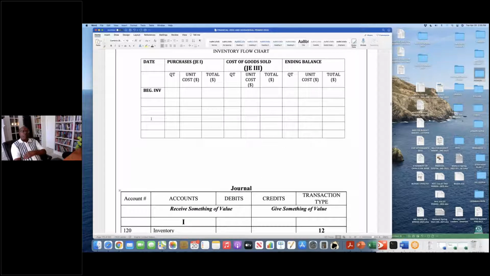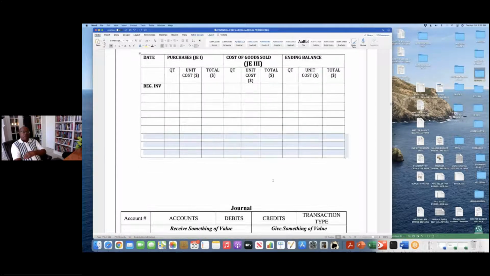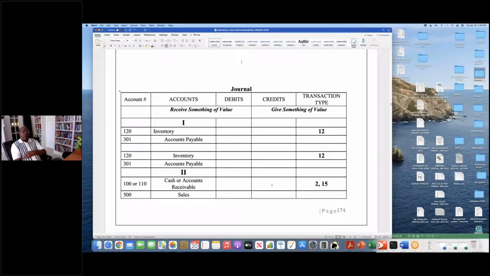Okay, so we're working on this one. Let me see. Putting some rows below to make sure you got enough room. And then the journal entries stay the same. So whether it's cash or account receivable, that doesn't matter.